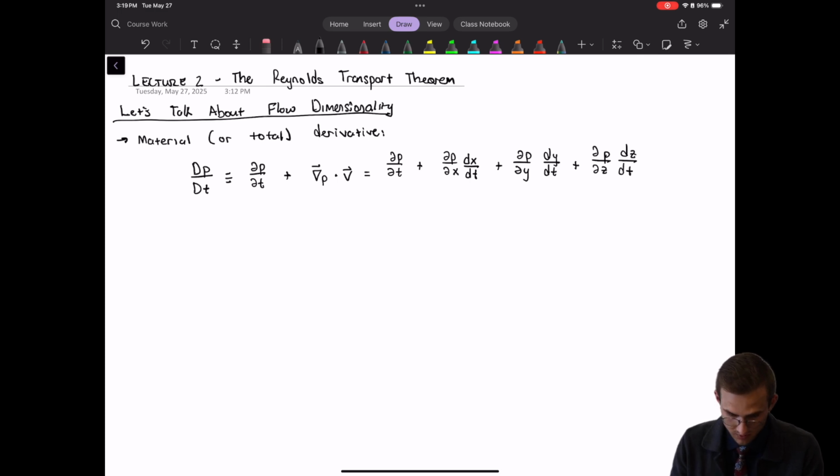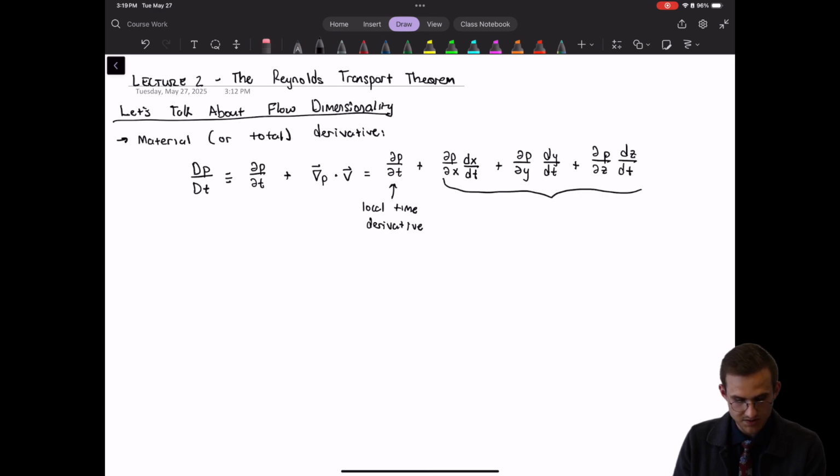Okay, so like I said before, this part here is just the local time derivative. And then this chunk here is what's referred to as a convective derivative.